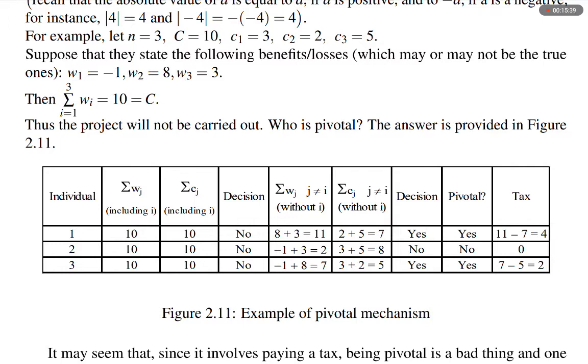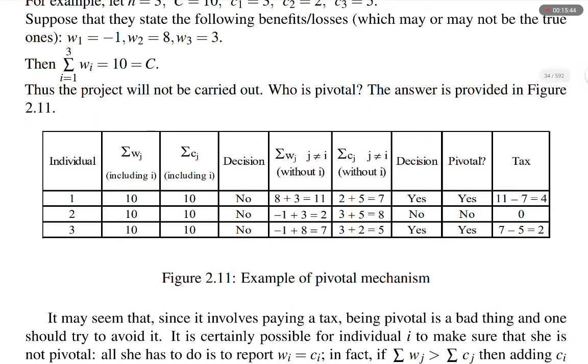The sum of C sub j including i is 10. Decision is no. The sum of W sub j, where j not equal to i, without i, for individual 1 is 8 plus 3 equals 11. The sum of C sub j, where j not equal to i, without i, for individual 1 is 2 plus 5 equals 7.